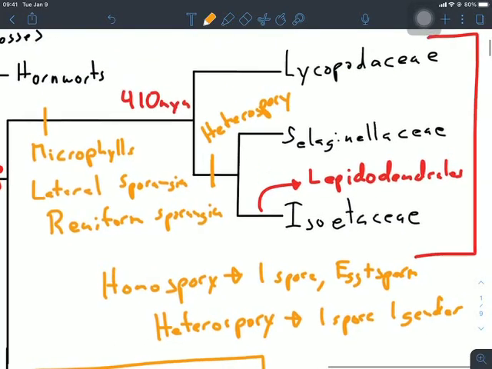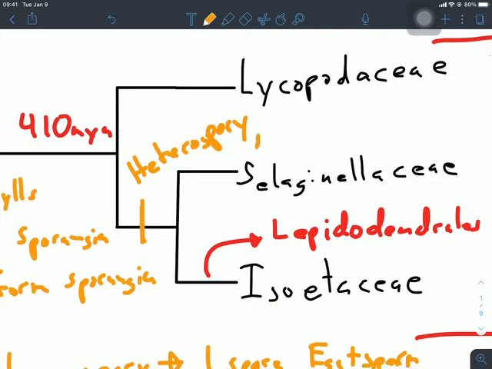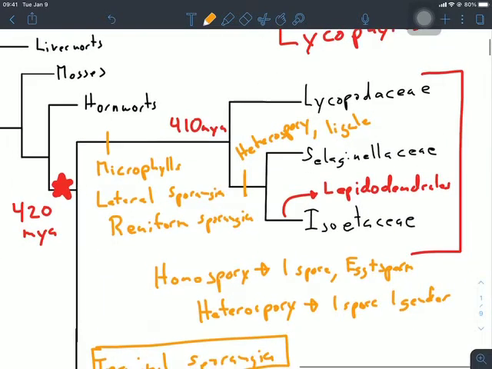A second change occurs within the Selaginellaceae that seems to be part of their growth habit: the presence of a ligule. Now, a ligule is a small outgrowth at the base of their microphyll. When we've talked previously about leaves in general, we've discussed the presence of a stipule at the base of a petiole of a leaf, the little outgrowth that occurs when a simple leaf grows from the stem.